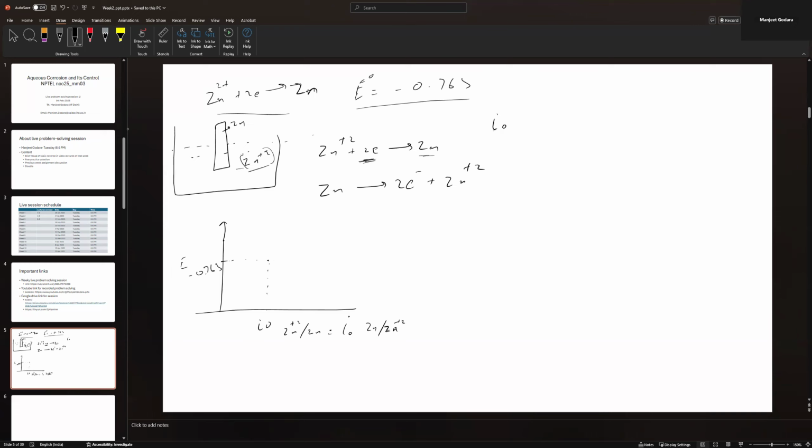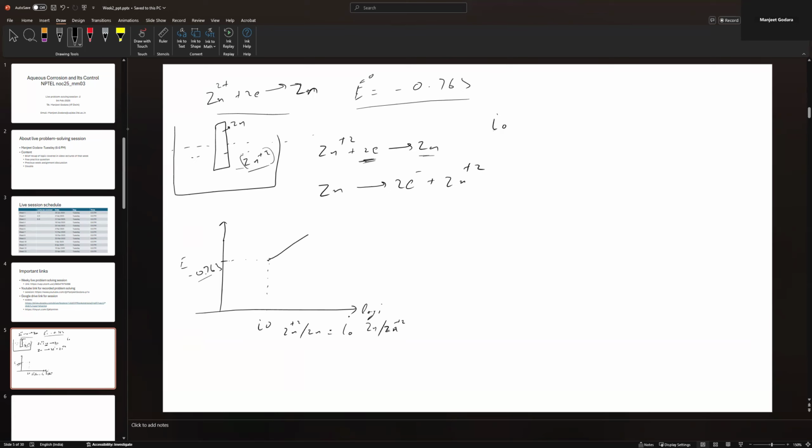This is log of I. Now, if you apply some external potential to this metal, you can either make it more negative or less negative.